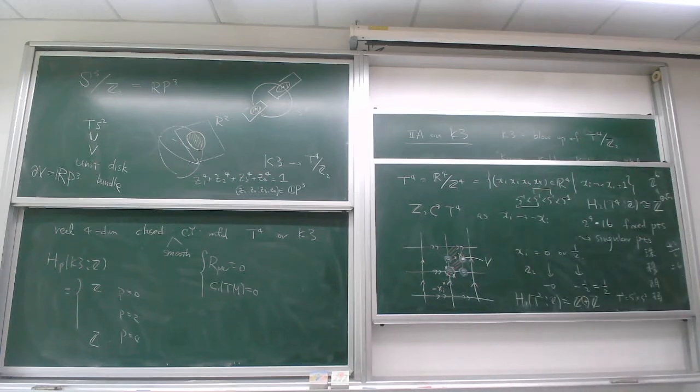So there are 6 tori inside. Therefore, H2 of T4 is Z to the 6.